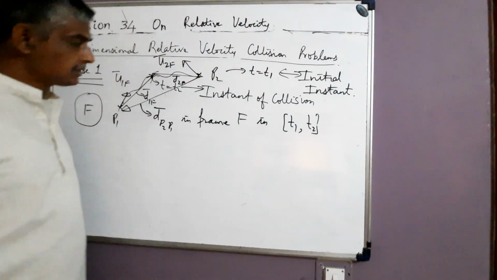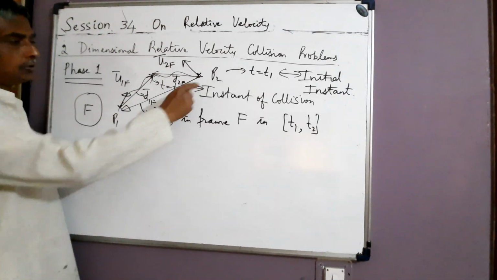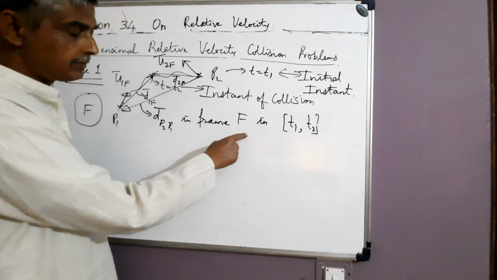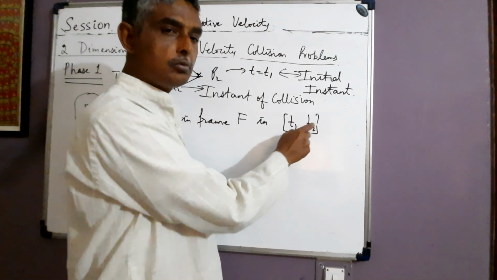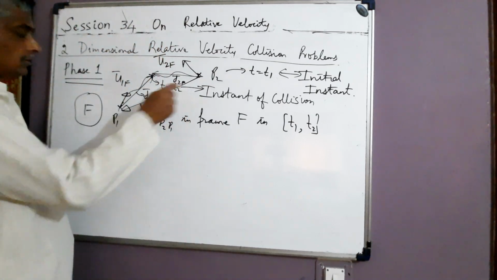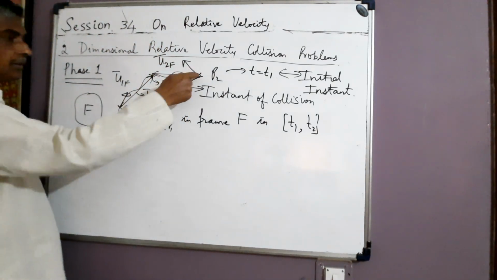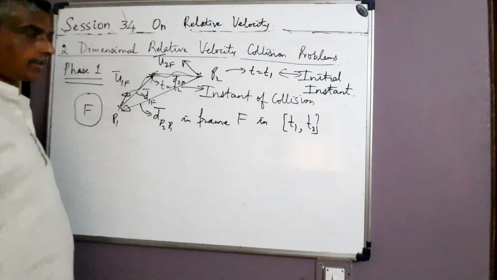So d_P2P1 is the displacement of P2 with respect to P1 in frame F in time interval t1 to t2. So the displacement of P2 with respect to P1 is simply this much.